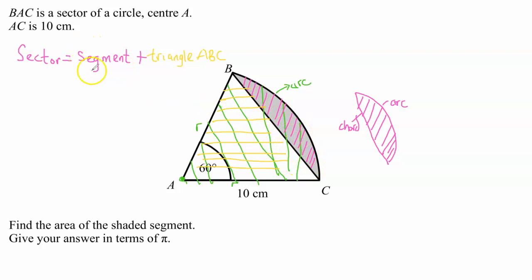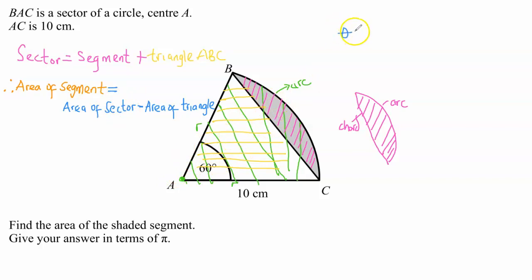So what I just have to do here is to make the segment the subject. Therefore, the area of the segment is going to be the area of the sector minus the area of triangle ABC. Okay, so the next thing is to obtain the formula for the area of a sector. There are two ways of working out the area of a sector depending on the angle the sector subtends at the center.